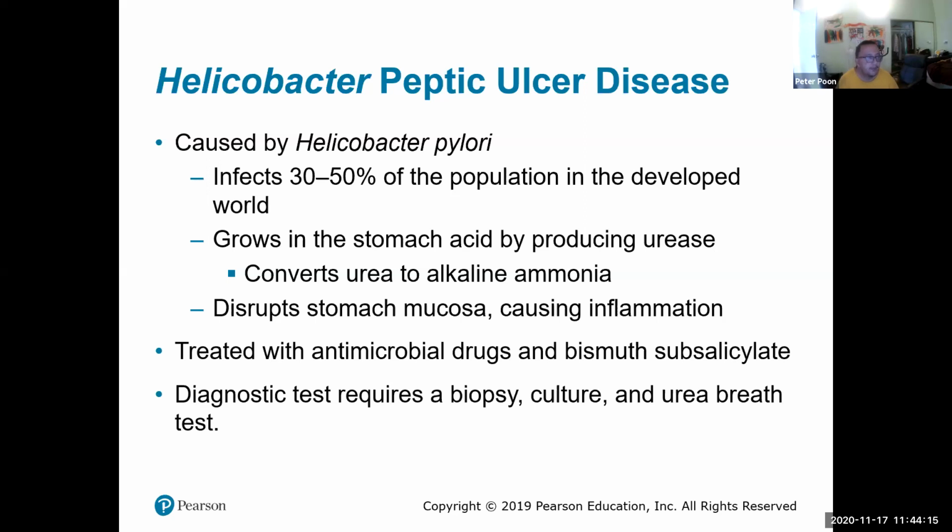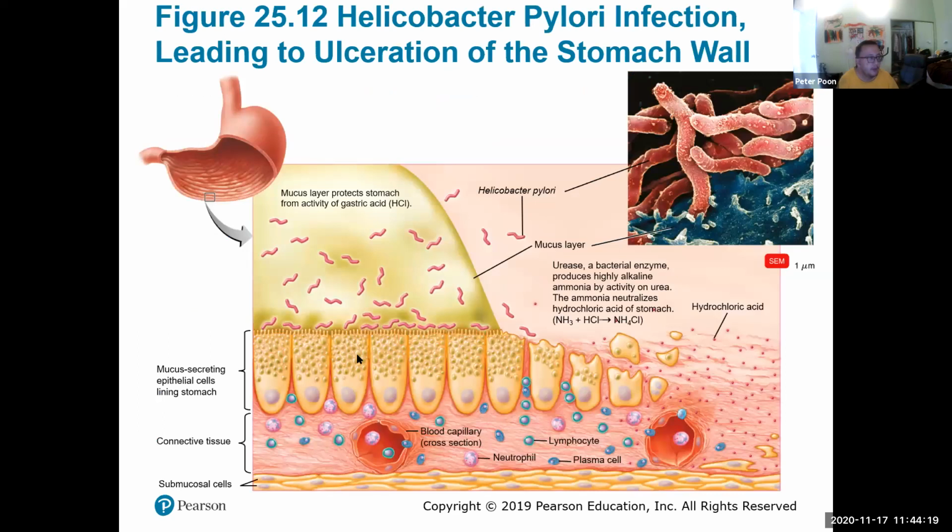So Helicobacter pylori produces alkaline ammonia, which neutralizes the hydrochloric acid, so they can start eating away at your stomach lining and eventually enter the bloodstream.